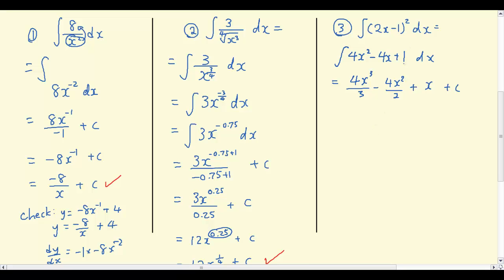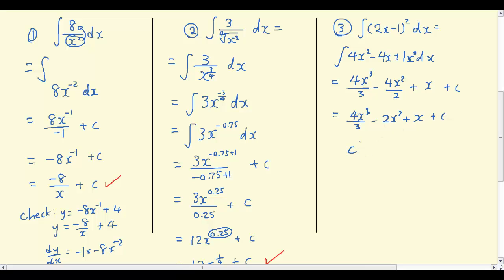Because 1 integrates into x, because let's say we have x to the power of 0 here, so 0 plus 1 is 1, so x to the power of 1 over 1 is just x. Simplifying that a bit better, it's 4x cubed over 3 minus 2x squared plus x plus c.